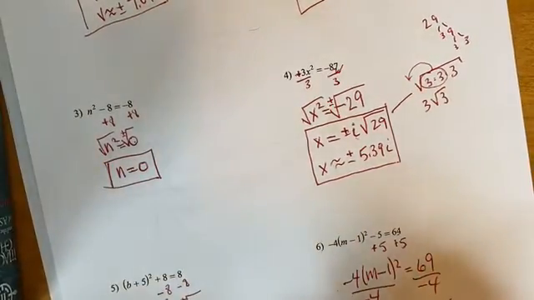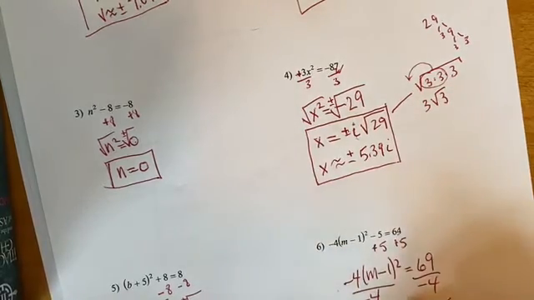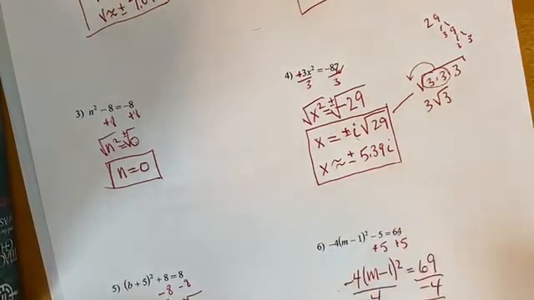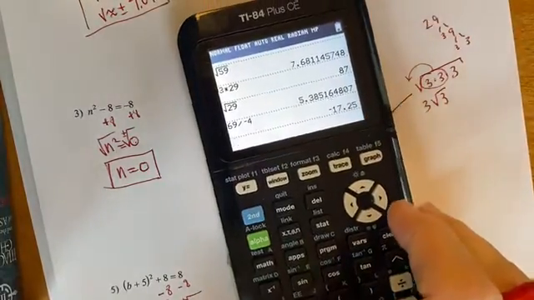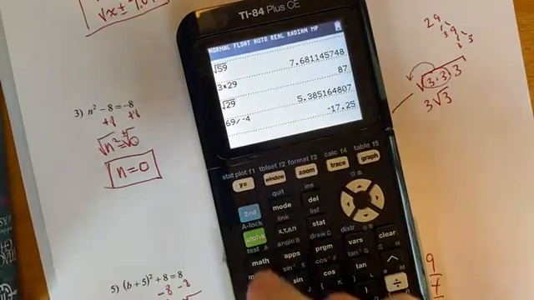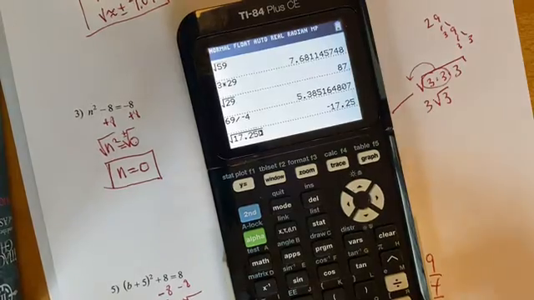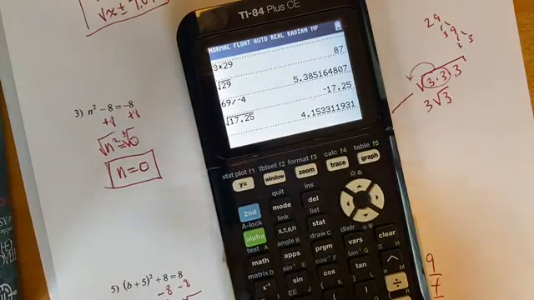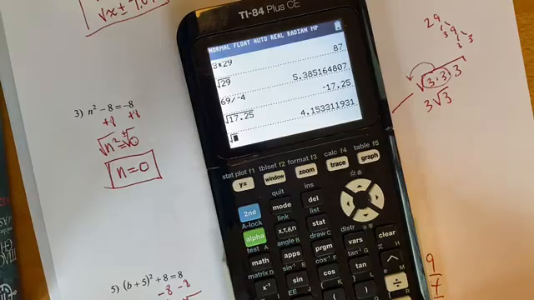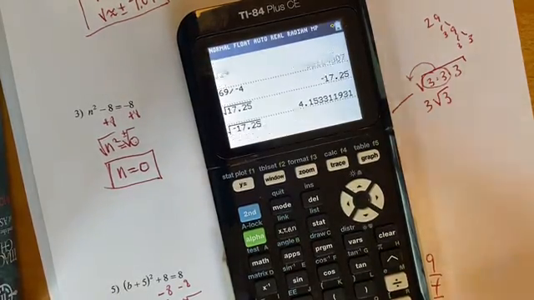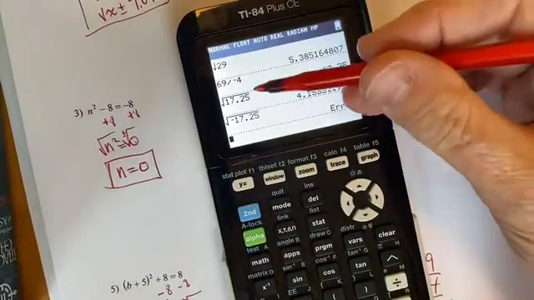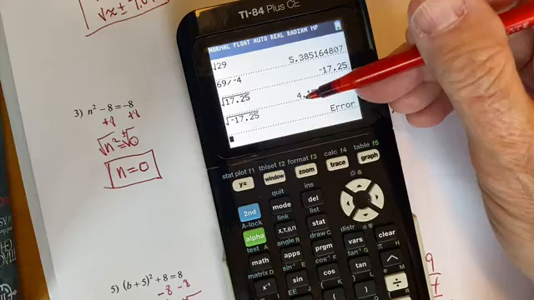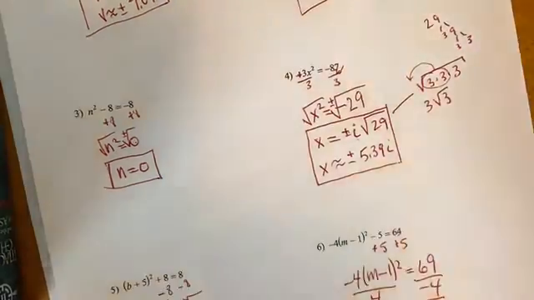Square root both sides. Remember the plus or minus. Now we want to take the square root of 17.25. Don't try to take the square root of negative 17.25 because your calculator can't do it. You'll get an error, okay? But anyway, the square root of 17.25 is 4.15.